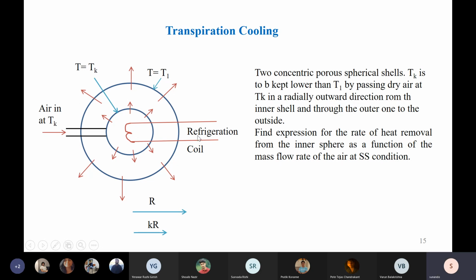If we do that, then the load on the refrigeration coil can be reduced significantly.